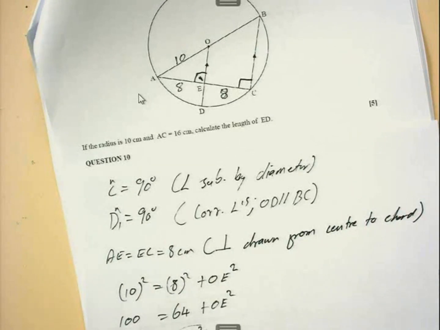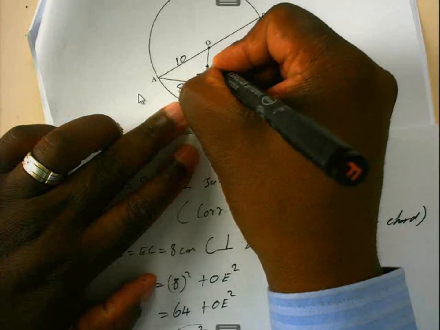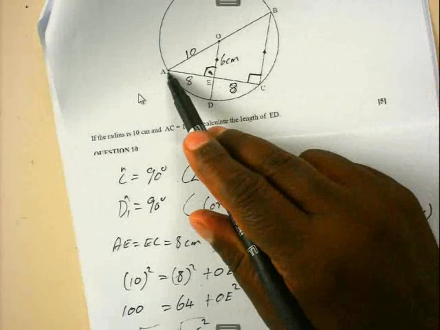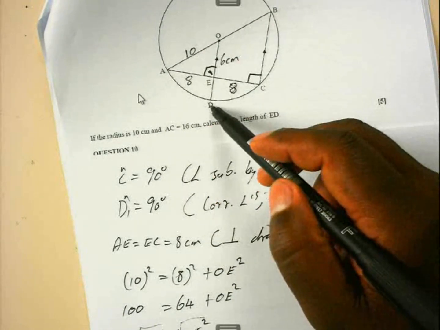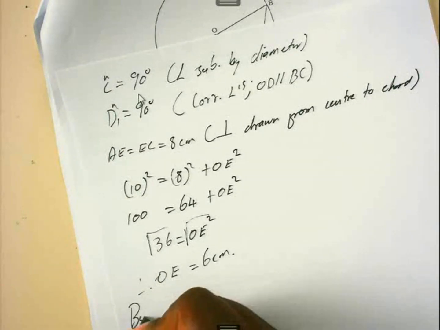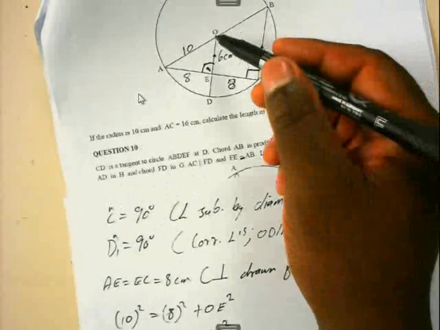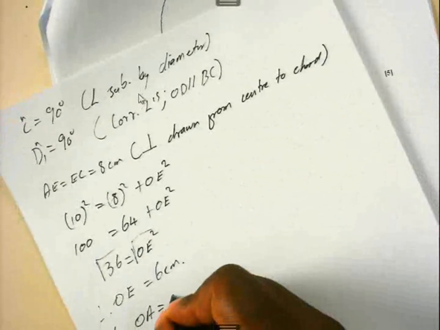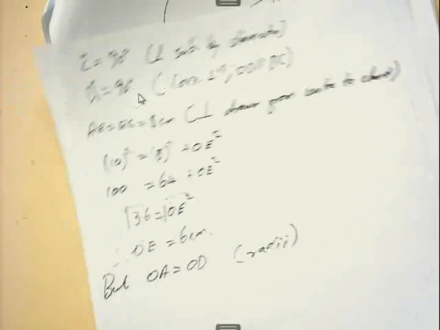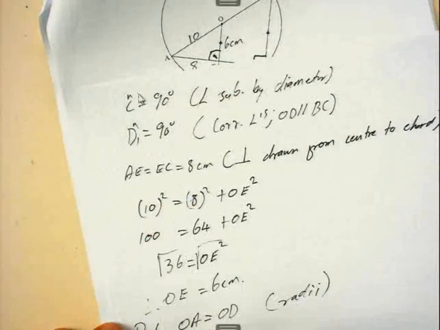Here is OE, 6 centimeters. But remember, OA is the radius and OD is the radius. Therefore, OA is equal to OD. Why do I say they are equal? Because those are the radii of the same circle. Now OA is 10.